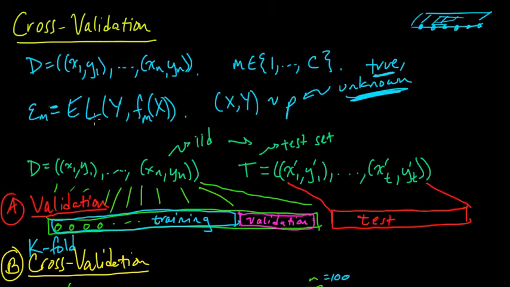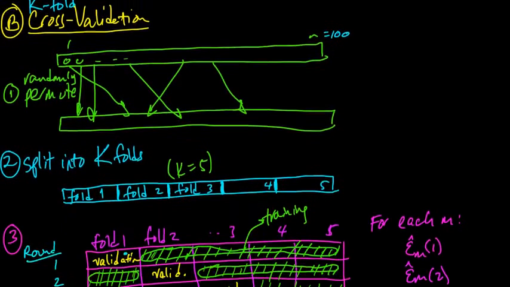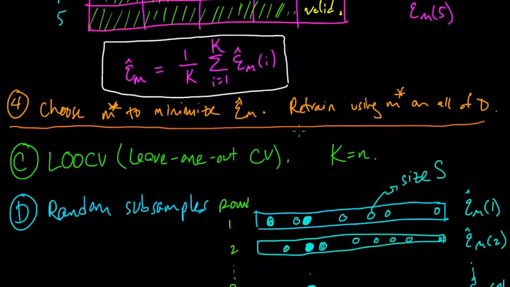And so what did we do? We wanted a low epsilon m, and we constructed this estimator, epsilon hat m. We estimated epsilon m with the k-fold cross-validation procedure.